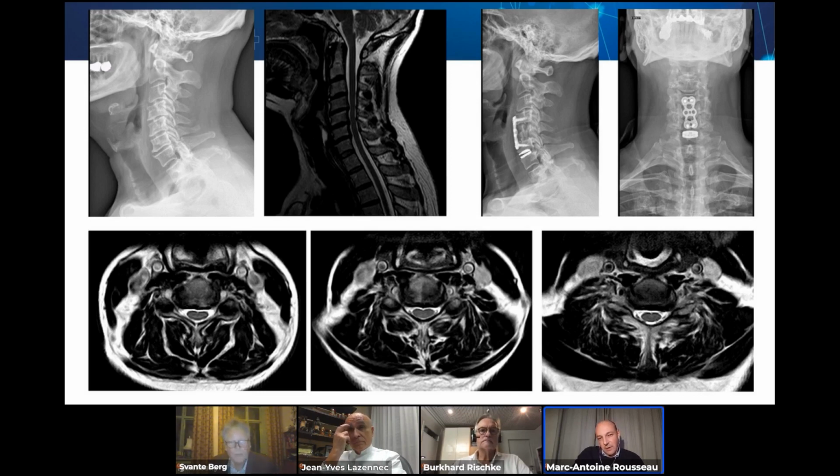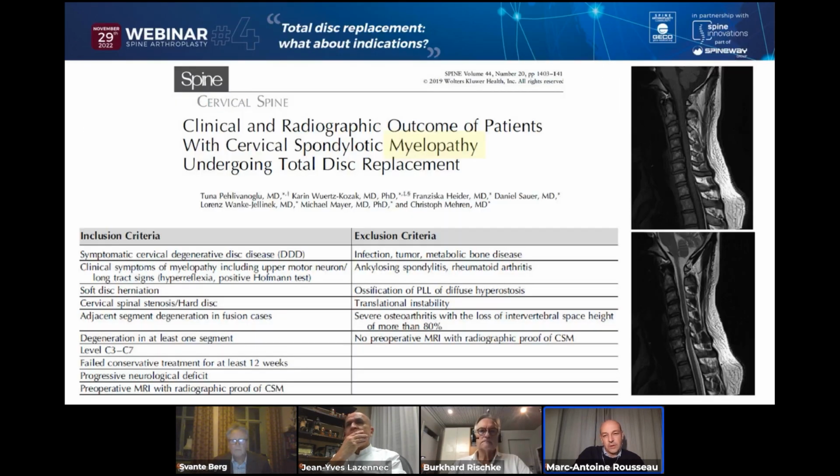So this is an example of a combination of fusion and disc arthroplasty at the same day surgery. The question of myelopathy is raised in this German paper, though, with the inclusion criteria of clinical symptoms of myelopathy with long tract symptoms associated with symptoms on the MRI, with the change of the signal of the medulla on the MRI.